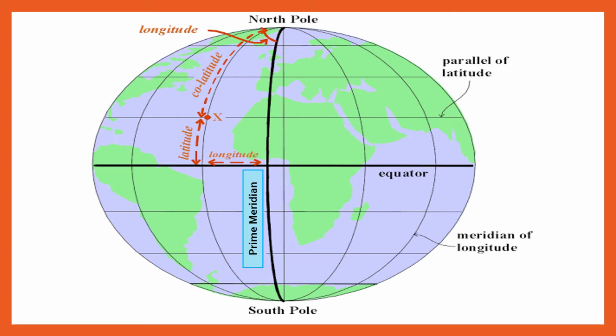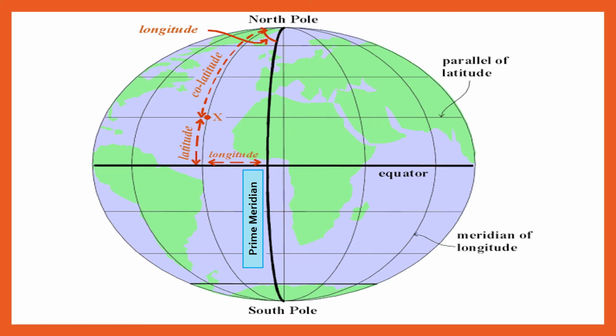Among these lines, two are very important: the equator, a horizontal line drawn in the center of the earth, and the prime meridian, which runs from the North Pole to the South Pole in vertical lines. The portion above the equator is called the Northern Hemisphere, and the portion towards the south of the equator is called the Southern Hemisphere.